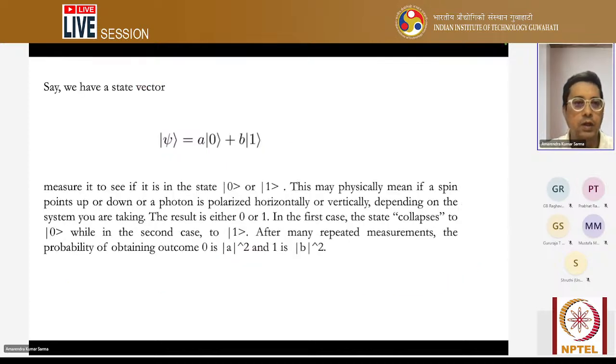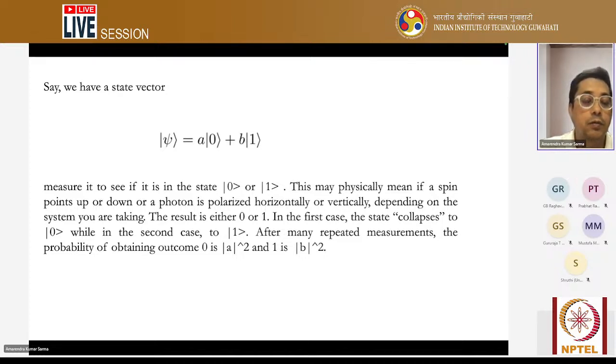To give you an example, I think I have given this example in the lecture class also. Suppose you have this superposition state. A qubit is there. For example, it may be in the state |0> or |1>. |0> and |1> are the basis states or the eigenstates. When you make a measurement, you project the state into one of these, either |0> or |1>.